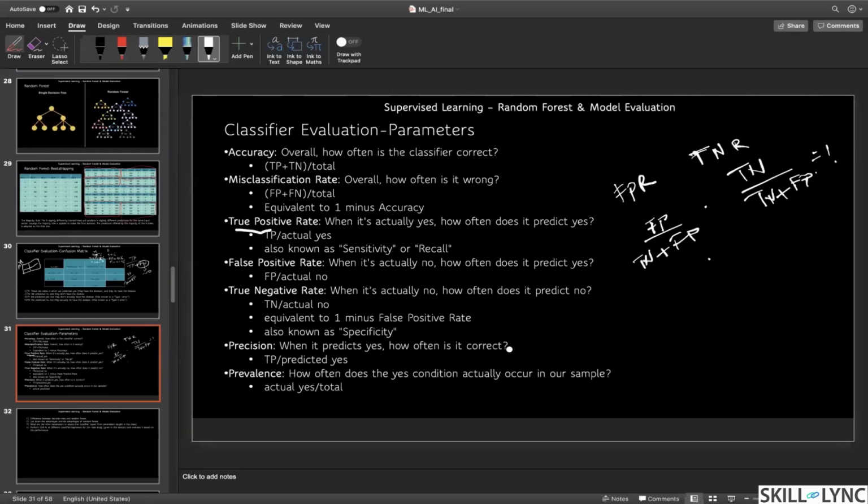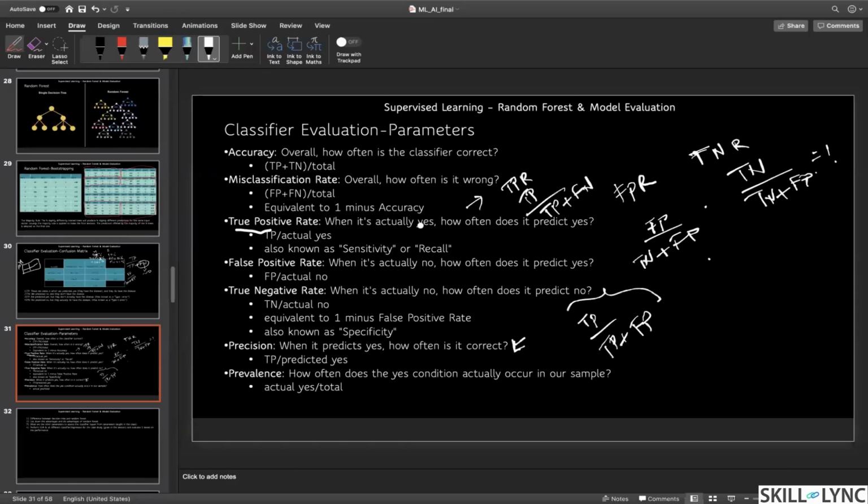Now, precision. What is precision? When it predicts yes, how often is your prediction correct? It is true positive divided by true positives plus false positive. So in my projects, I always look at precision value. It's not similar to TPR, no? What is TPR? TPR is true positives divided by true positives plus false negatives.